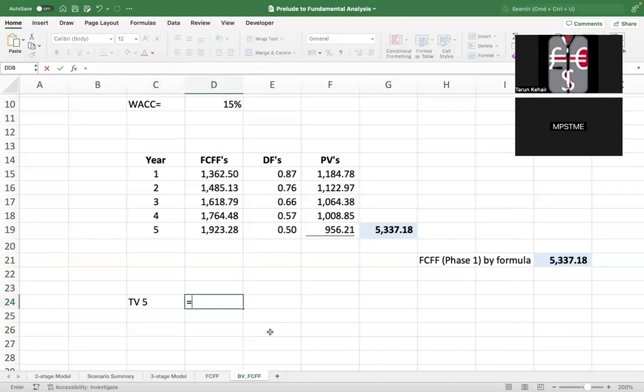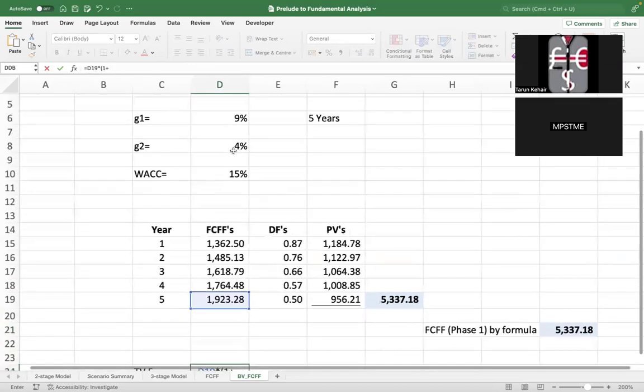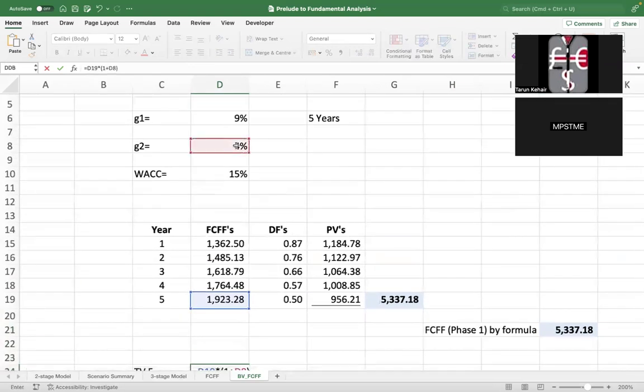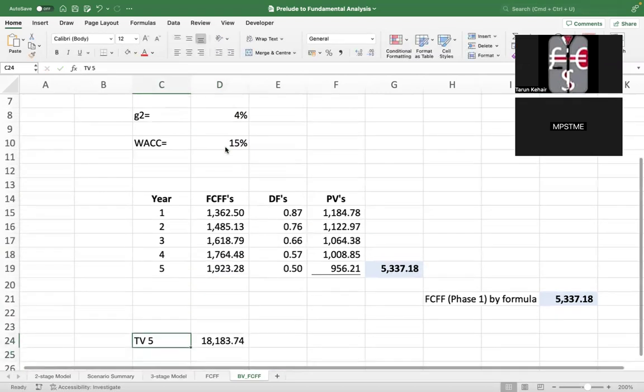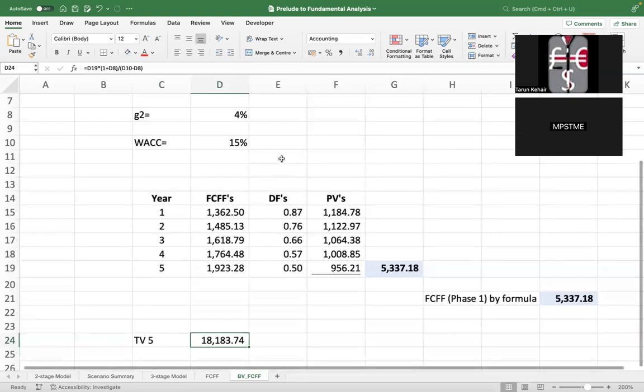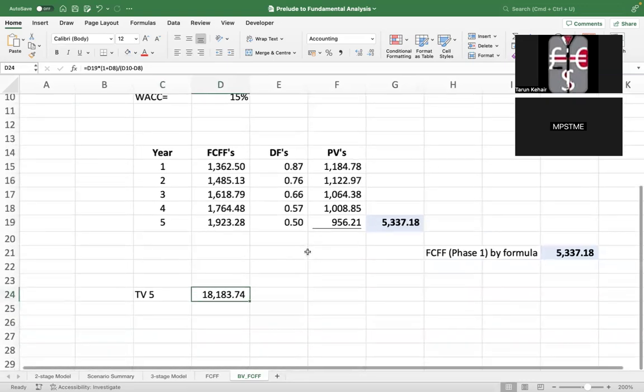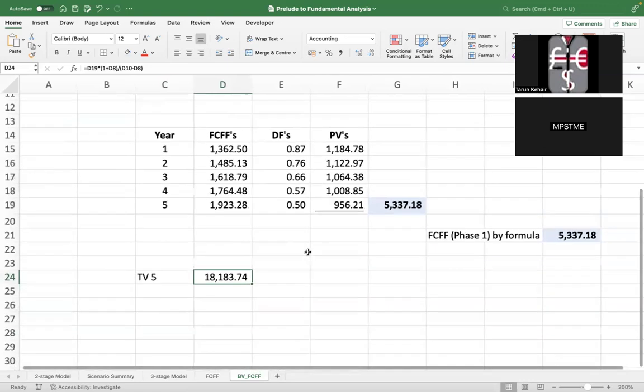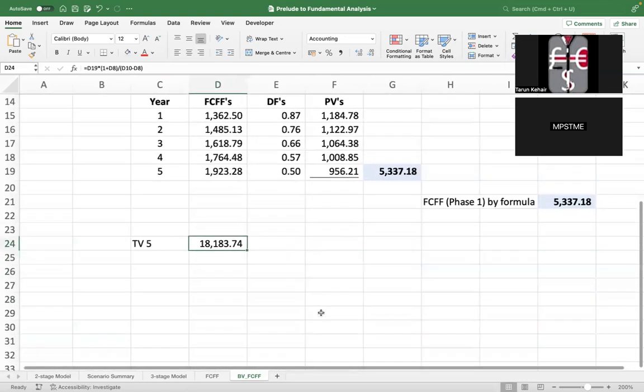And that is to find out the terminal valuation. So the terminal value will be free cash flow at the end of the 6th year, which will be 4% higher than the 5th year, divided by WACC minus G. So this should be your terminal valuation, 18,183 crores.